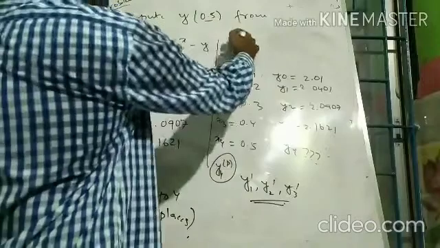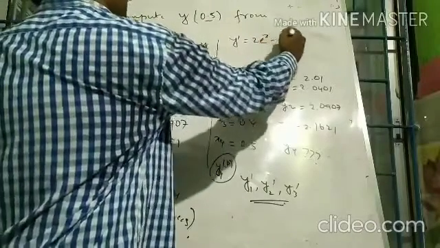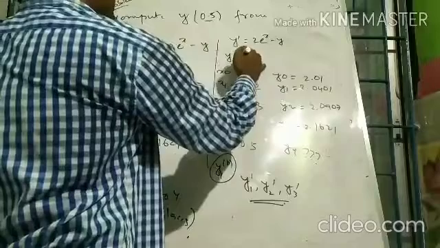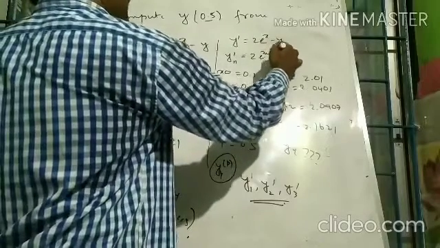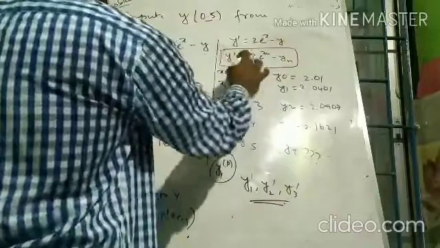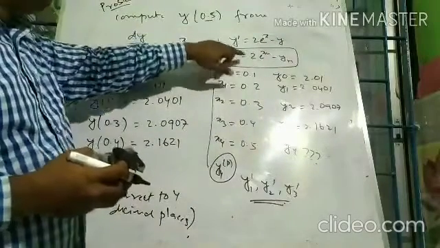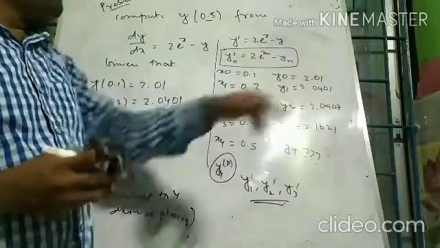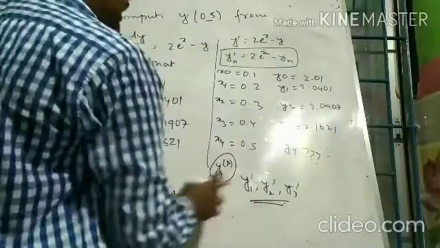So you can write yn prime equals 2 e to the power xn minus yn. Use this formula for finding y1 prime, y2 prime, y3 prime.